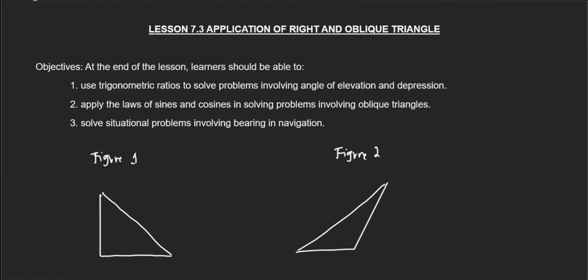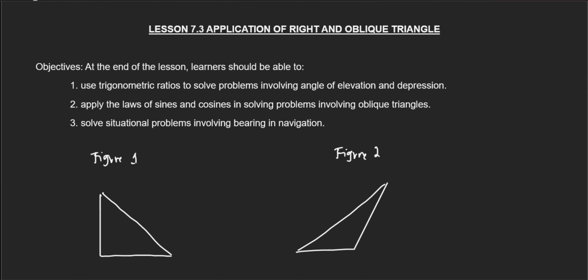At the end of the lesson, learners should be able to use ratios to solve problems involving angles of elevation and depression, apply the laws of sine and cosines in solving problems involving oblique triangles, and solve situational problems involving bearing navigation.